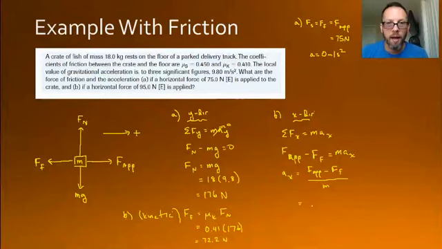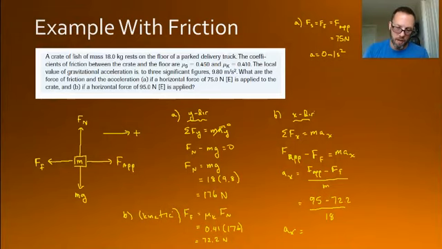So we have 75 minus 72.2, all divided by, it's 95 newton force, please forgive me, and divided by the mass, which was 18 kilograms. So 95 minus 72.2 divided by 18. So about 1.27 meters per second squared.